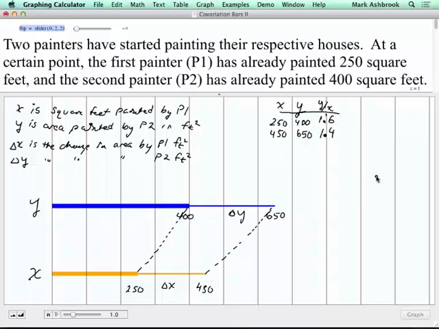Do these two quantities have a constant rate of change relationship? The amount painted by painter 2 with respect to the amount painted by painter 1? No, they don't. Do we have consensus on that? Not constant rate of change.